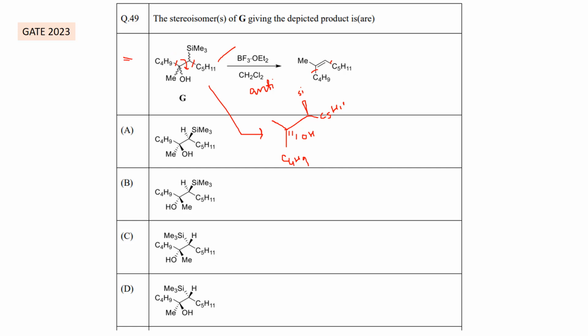So if you want to draw this one, what will happen? I am just showing this as R, this one as R, and this is R dash. So if they are anti and silicon is above the plane, then before rotation the hydroxy group was also above the plane, as after rotation it is going to the below the plane.